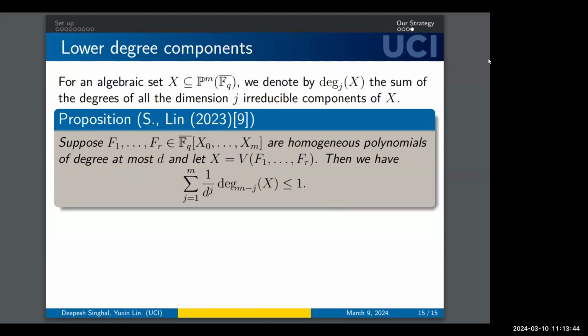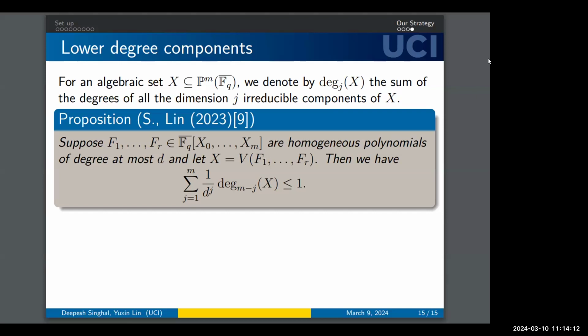So next we look at the lower dimensional components of X. So we make this notation: X is some algebraic set. Then we look at all the J-dimensional irreducible components of X, and the sum of the degrees of all the J-dimensional irreducible components, we denote as degree sub J of X.